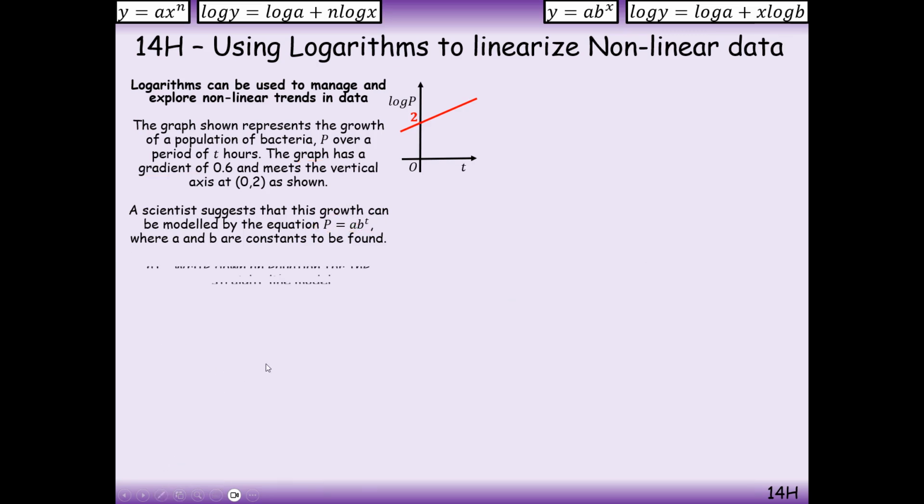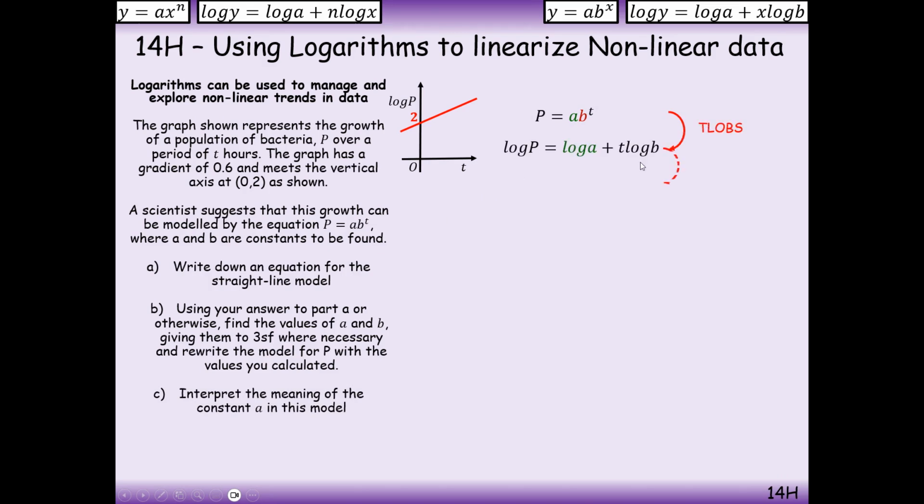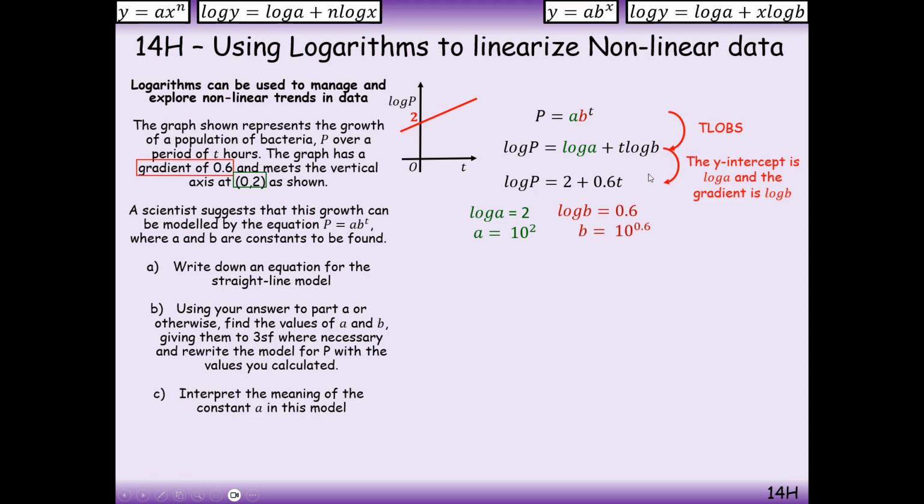Maybe I didn't show you the whole question. Writing down the equation of a straight line model involves linearizing this model using logarithms, which I did by hand, and putting those values in, as the question told us, c is 2 and the gradient is 0.6 times t, and matching the right variables with the right constants and solving it.